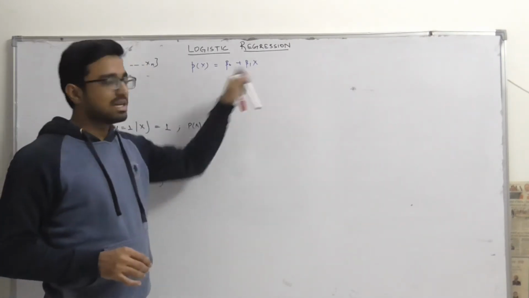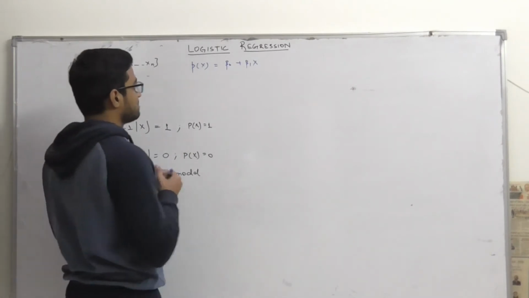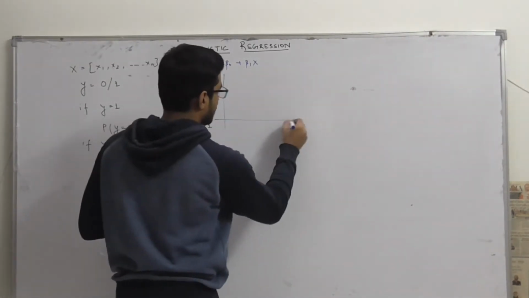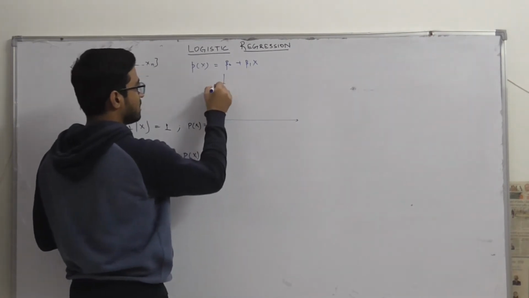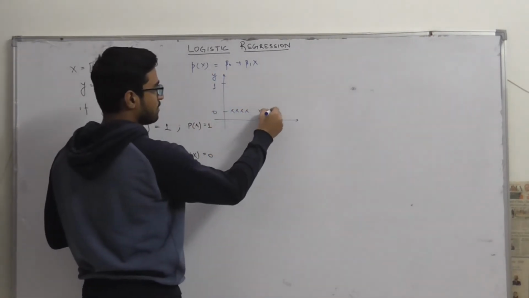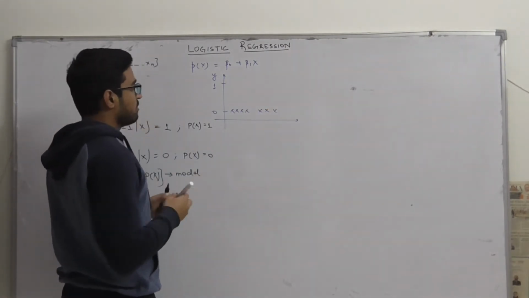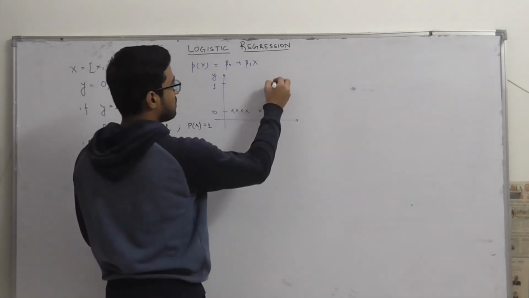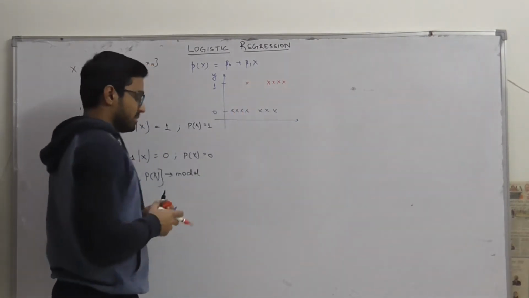If this is our linear equation, let us suppose that we have some data, and this is 0, this is 1, this is y, that is the p of x. We have some data points here at 0 and some data points here at y equal to 1.